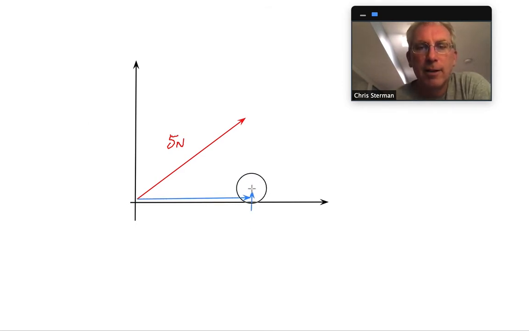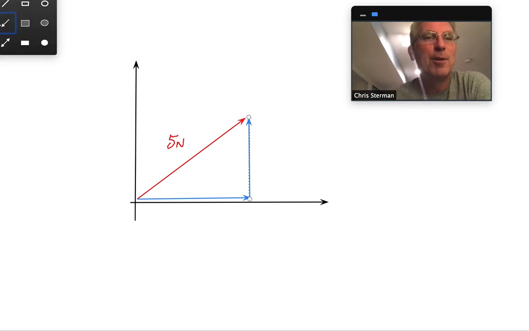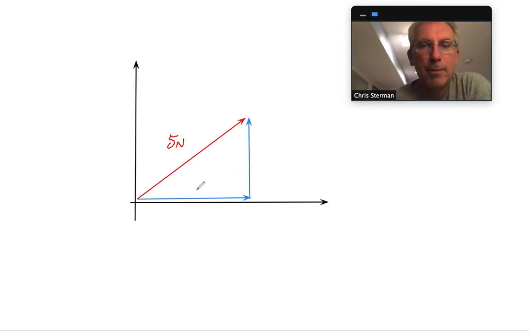If I start down here and go upward. Okay. Let's move that one into place. That's pretty close. All right, so this I'm going to say is my force in the x direction, and this is my force in the y direction.